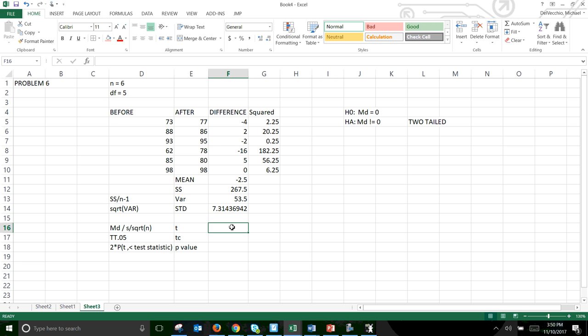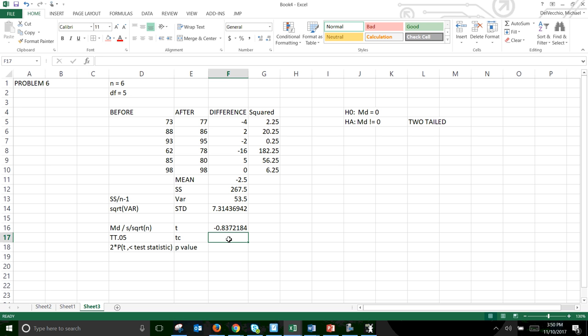Now to calculate my t statistic, I'm going to take the difference in my means, which we're assuming is 0, so it's just going to be this -2.5, and we're going to divide that by my standard deviation I just found, divided by the square root of n, so we'll put 6 in here. Okay, so that's going to give us a test statistic of -0.8372.